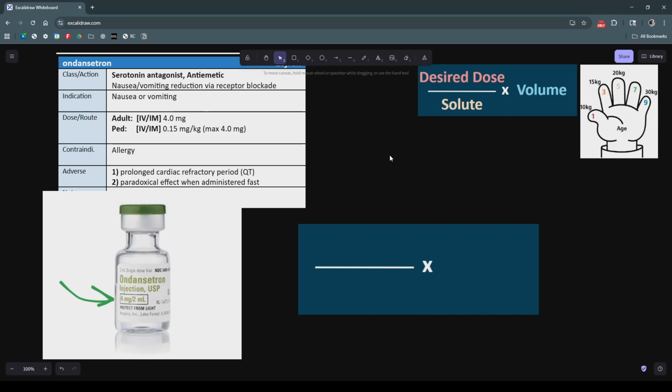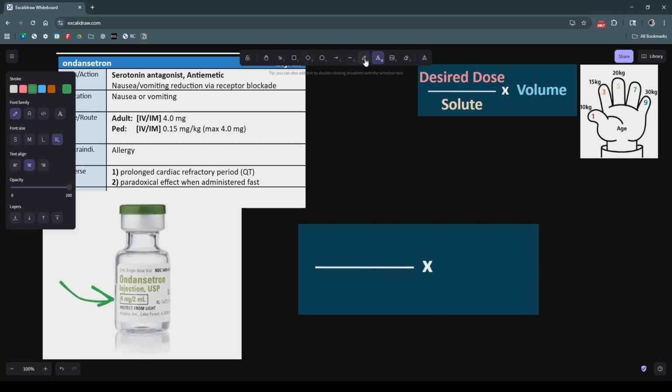So if we pick an age, let's say we use our hand and we just pick a 5-year-old. A 5-year-old is 20 kilograms, because of course we're doing 0.15 per kilogram, always maxing at adult doses for these things. So put pretty simply, we need to figure out what 20 kilograms times 0.15 milligrams is.